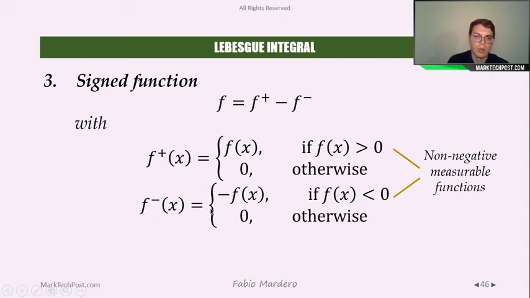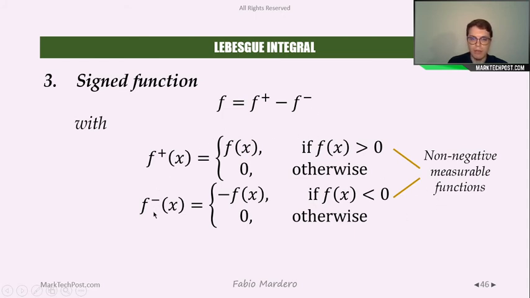The same, but with a minus in the f minus definition. So f plus and f minus are both non-negative functions. In fact, here we are doing f plus minus f minus.